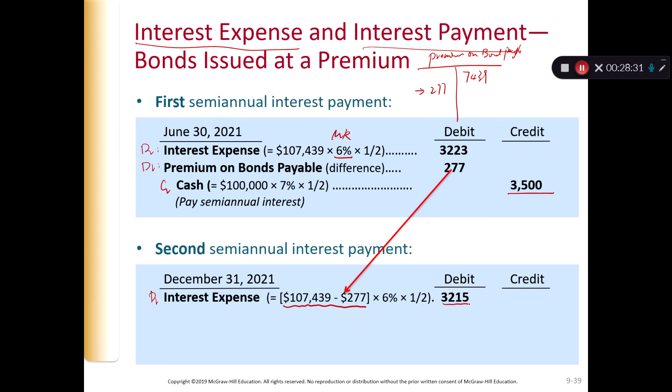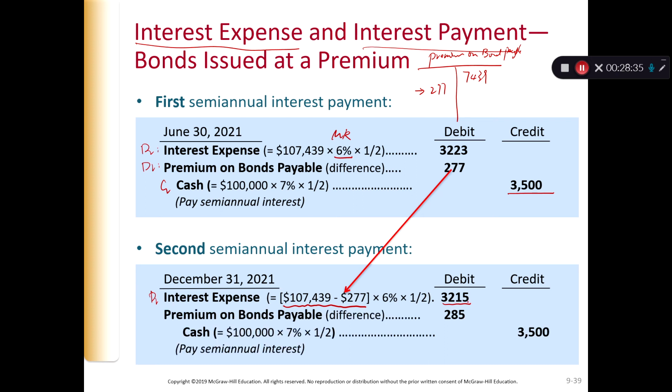The interest expense is going to be $3,215, and the cash payment is still going to stay the same, $3,500 credit cash. And you're going to debit the difference to the premium on bond payable for $285. Hence, in the second period, you reduce the premium on bond payable from the debit side. Think about 20 periods later, this account is going to have a zero balance at the end.